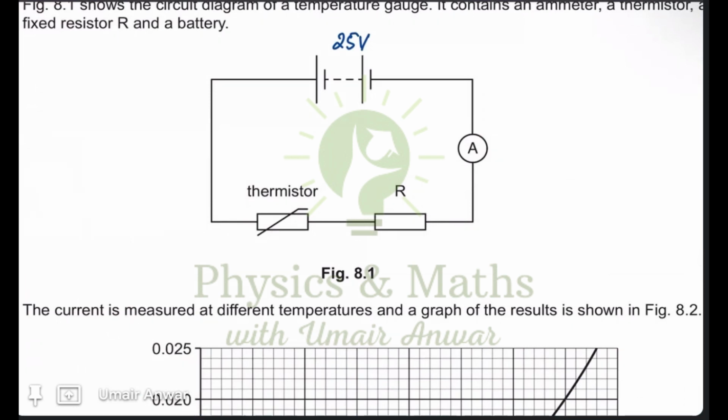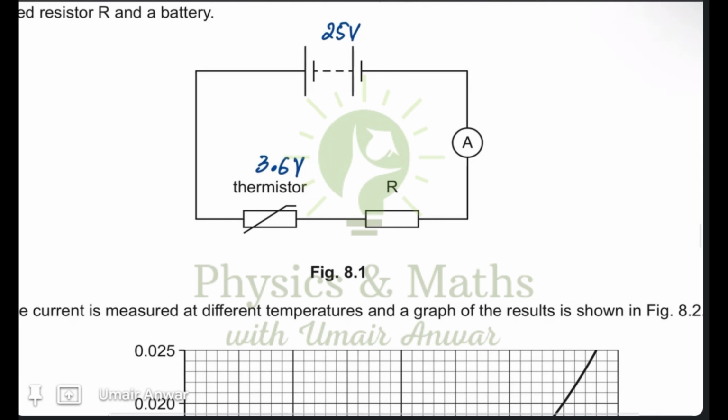Similarly, 3.6 volts is the voltage across the thermistor, which shows that the voltage across the resistor would be, when we subtract 3.6 from 25, 21.4 volts. In a series circuit, the total voltage or the EMF is divided amongst the components. So there are only two components. If the thermistor voltage share is 3.6, then the remaining voltage would be the voltage share of the resistor.